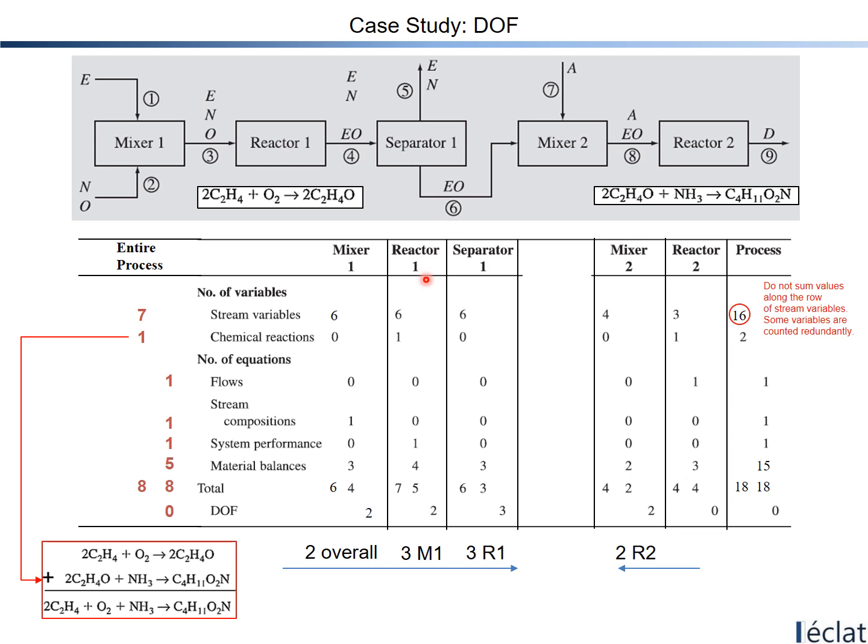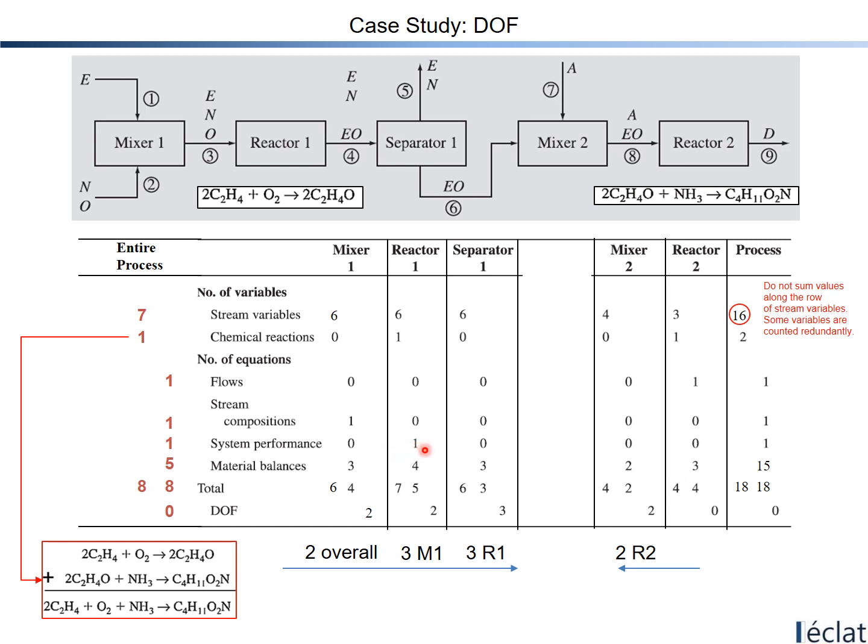Let's go to reactor 1, and we have 6 stream variables, and we have 1 chemical reaction. You don't need to think about the accumulation term for the system variables, because those processes are operating under steady state. Flow specification, nothing. Stream composition, nothing.